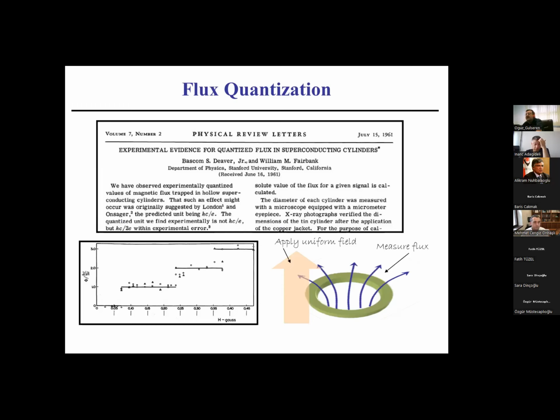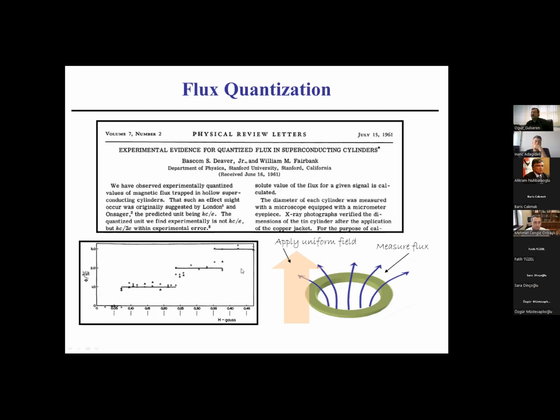Then another thing I have to mention is the flux quantization. This is an experimental observation from 1961, just a couple of years after the BCS theory. Here, this is a superconductor ring, and if you apply a magnetic field, the superconductor state excludes the magnetic field.